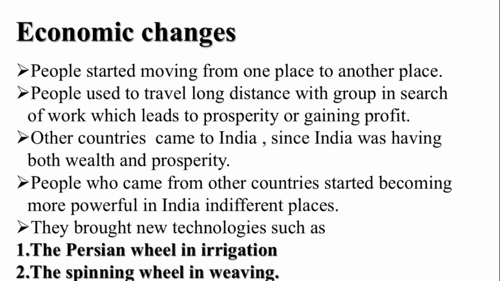Every caste had its own rules and regulations, and the caste decided the behavior of members through the jati panchayat. So these are the different economic changes that took place during that period.